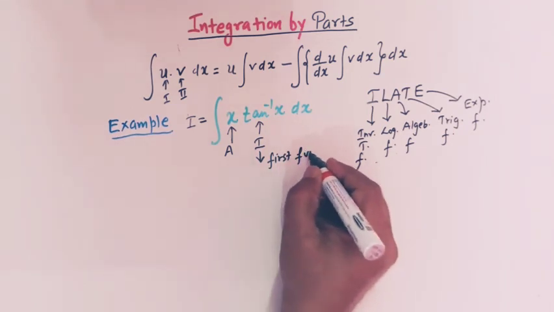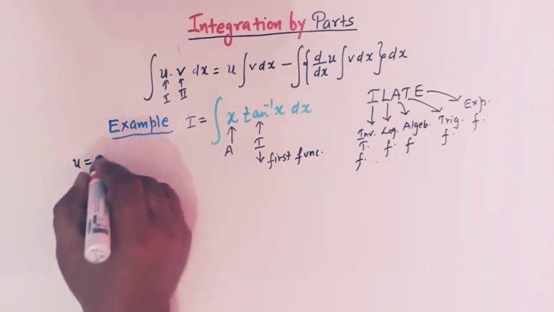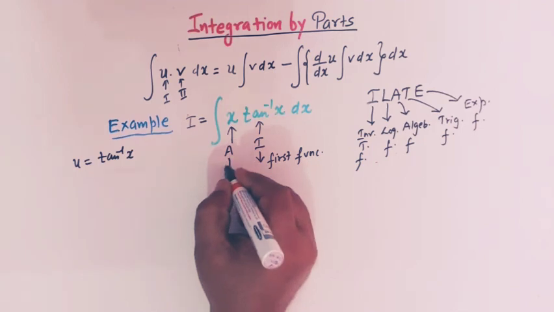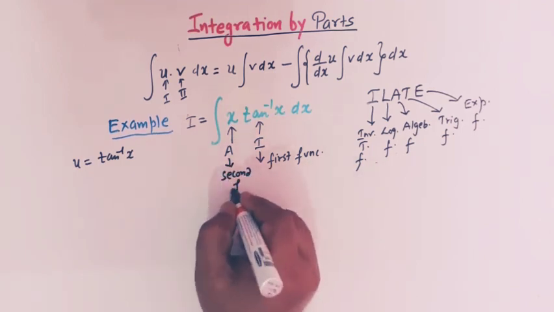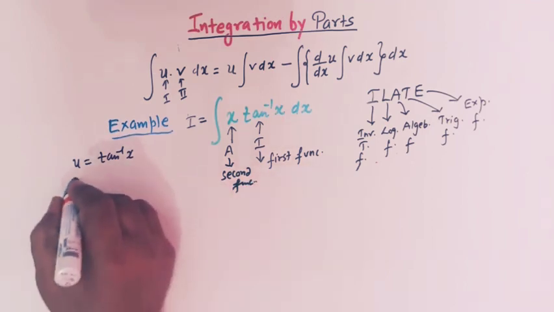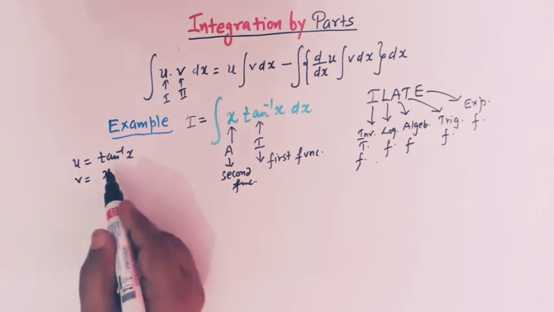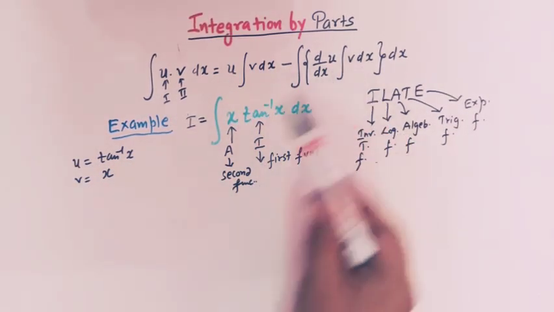First function. It means we have to take u as tan inverse x, right? And this is to be treated as the second function, right? So v is our x, right? So now let us substitute these values in this formula, right?